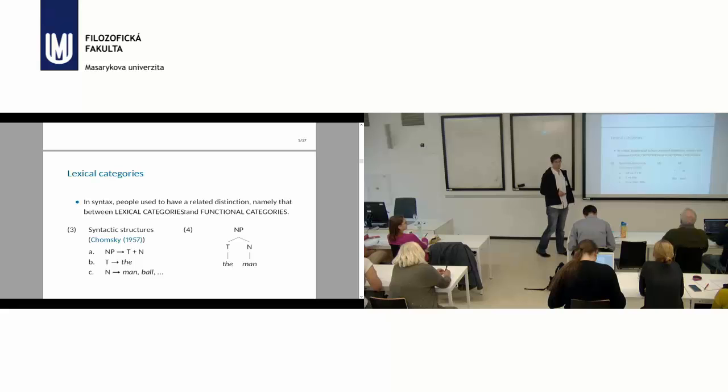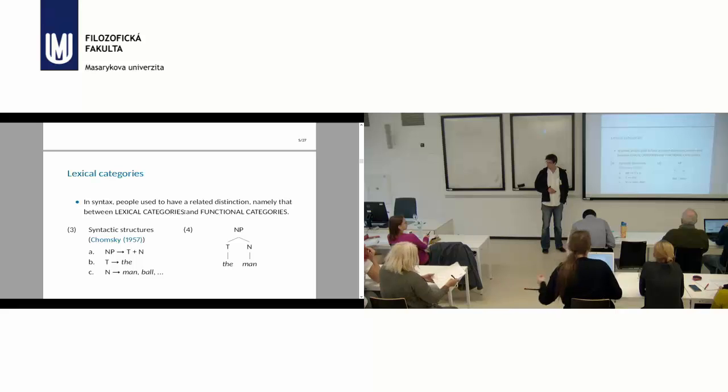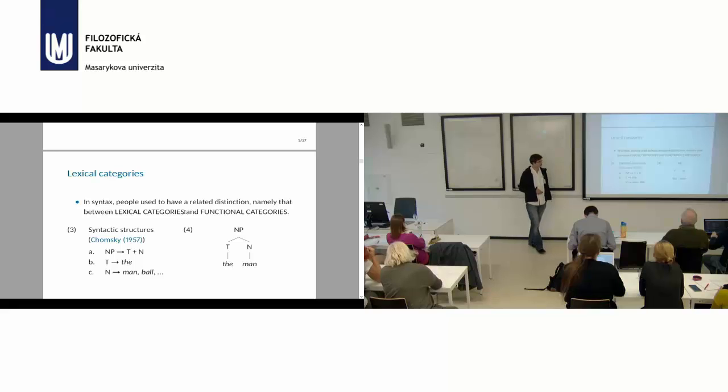If you go back to Chomsky's 1957 work called Syntactic Structures, a book that made him famous, he suggested that whenever you have a noun phrase, that noun phrase decomposes into two components, which he called the T and N. And then he added additional rules to make clear what he actually means, where T was uniformly rewritten as the, whereas the N could be rewritten in very many different ways.